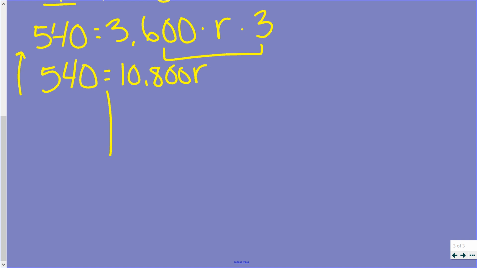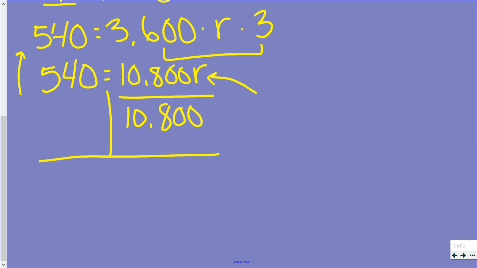All right, so we'll build our wall and floor here. Trying to get R alone, remember that? So we got to divide 10,800. Divide both sides there, 10,800. 10,800 divided by 10,800 is 1, so that cancels out. And we're going to go ahead and bring our R down into the basement.